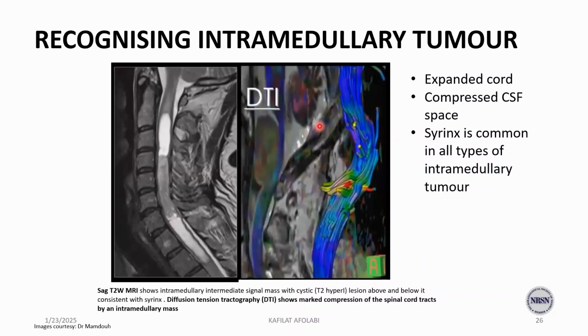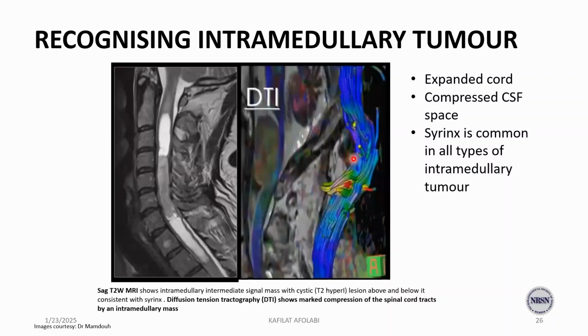Okay, so on my radiological left, this is a diffusion tensor imaging, which is a form of diffusion weighted imaging, but it uses anisotropy to outline the tracts of the spinal cord. You can see that the tract of the spinal cord is displaced laterally here, and some authors had thought that DTI could be used to discriminate between astrocytoma and ependymoma.